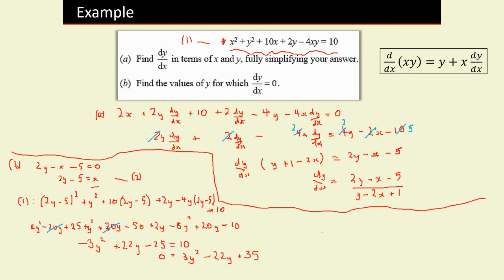Does that factorize? Let's have a look. 3y, we're going to have to go this way if it's going to factorize. You could obviously stick this in your solver on your graphic calculator if you wanted to at this point. Now to get the 35, I'm thinking I'm going to need a 5 and a 7. That's the only way I'm going to get it. And that does work nicely, doesn't it?